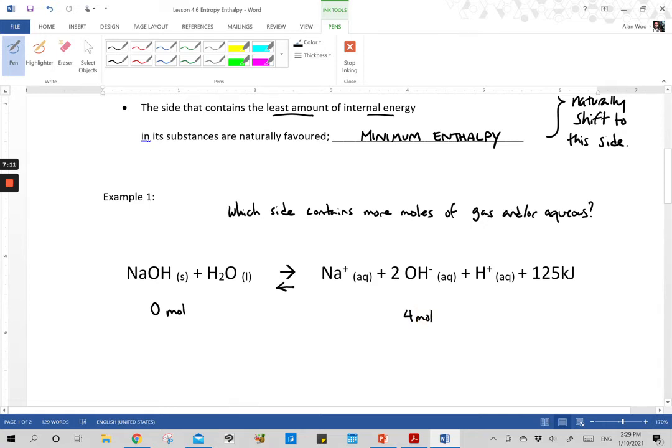That means the product side is more random, because their states are more random. So the product side has maximum entropy.